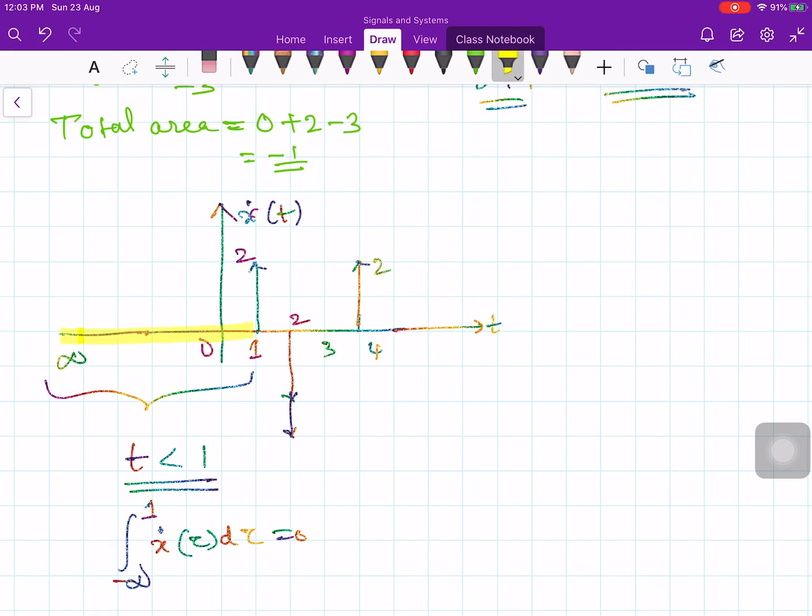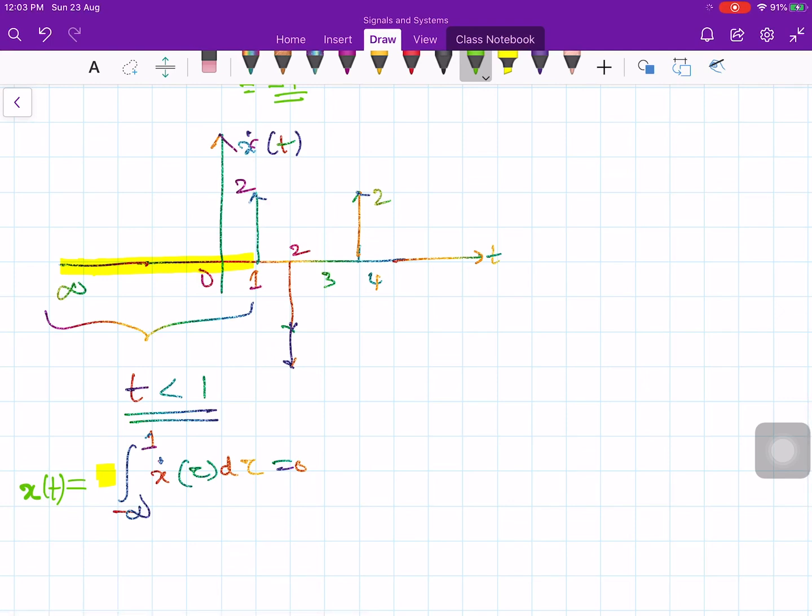So if you integrate, you will get x of t. Therefore the first condition is x of t is equal to 0 if t is less than 1.